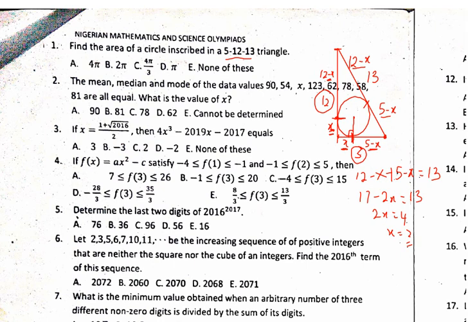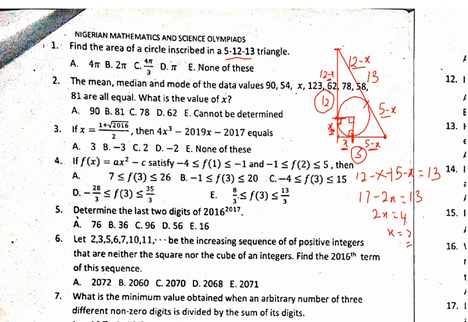So if you have a radius drawn to a tangent at a point of contact, it is perpendicular. So this is perpendicular, this is 90 degrees, this is also 90 degrees, this is 90, 90. So it means it is either a rectangle or a square.